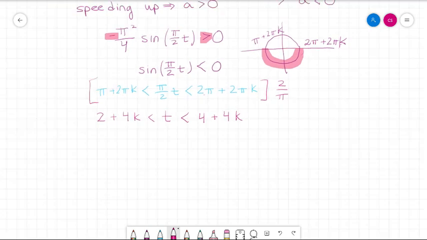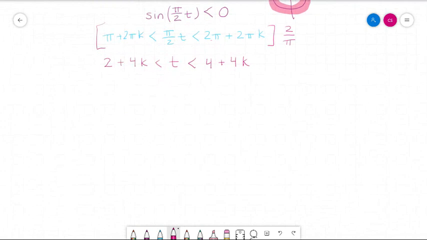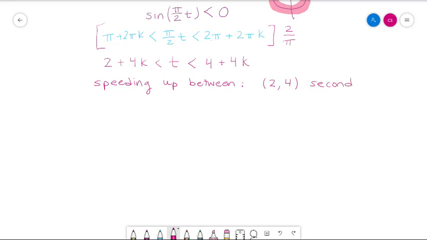So speeding up where? We can write out some intervals just to get an idea of what's going on. So we're going to be speeding up between, let's see, if k is equal to 0, we're going to be speeding up between 0 and 4 seconds. K is equal to 1.